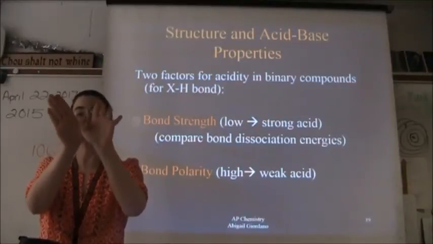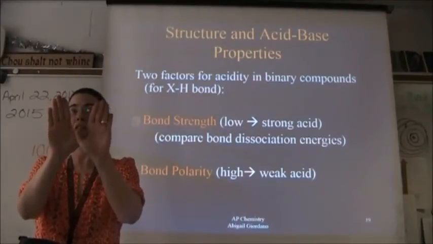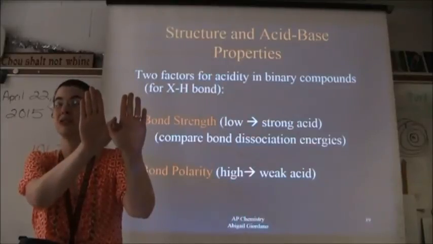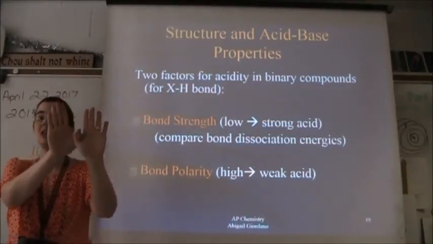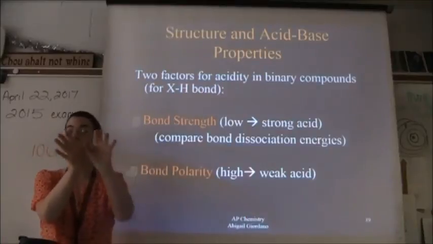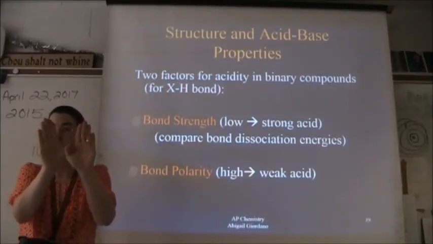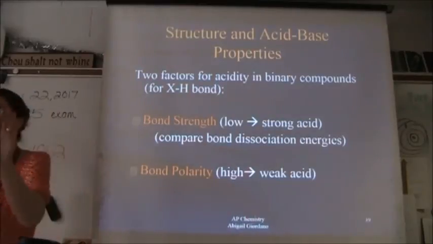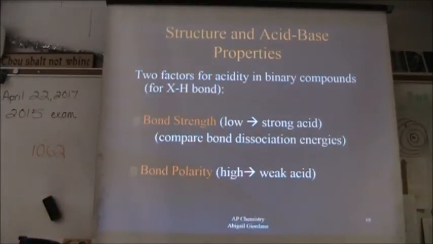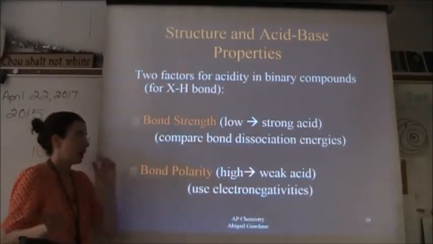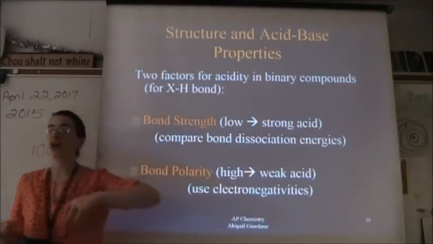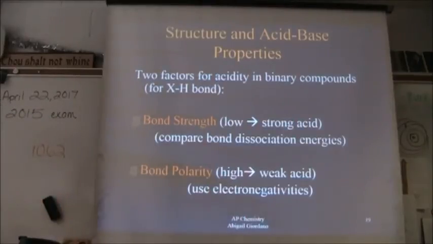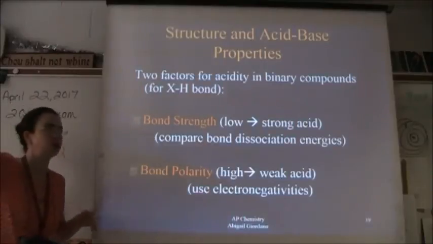If these two particles are tightly bound to one another, are they going to dissociate much? No. So a very polar bond, a strong connection, means a weak acid because it's not going to dissociate. And you can use electronegativity values to remember that. But keep in mind, guys, we learned this, I don't know, multiple chapters ago.